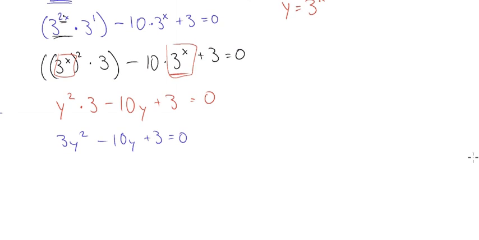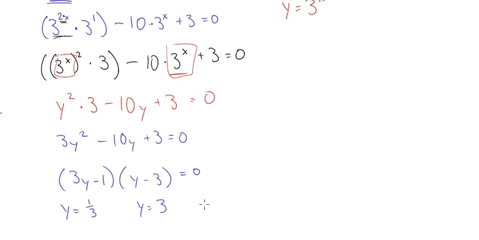Factoring that out, we're going to end up with 3y minus 1 times y minus 3. Okay, and it still equals 0. And so we end up with y equals 3 and y equals 1/3.